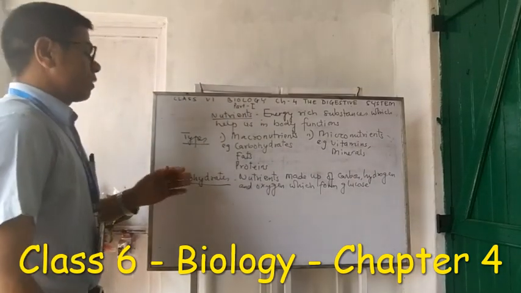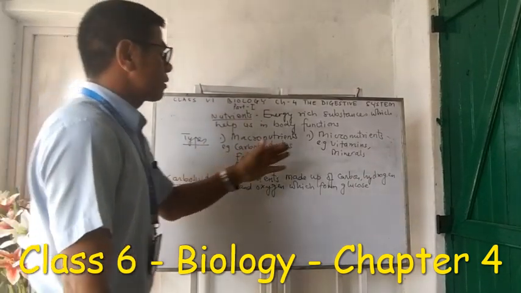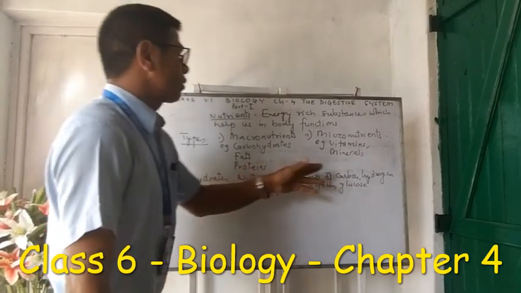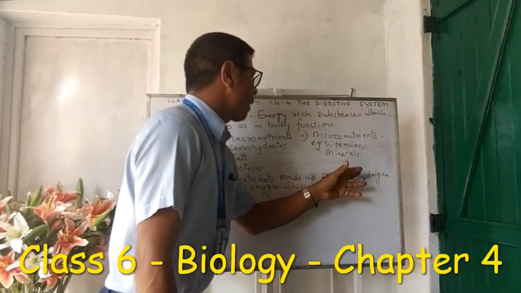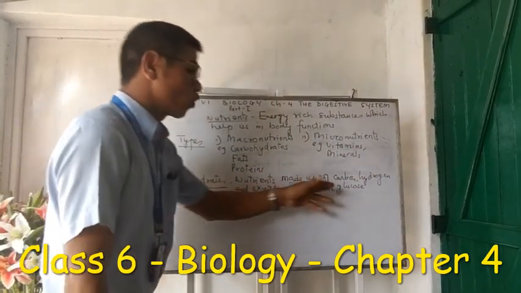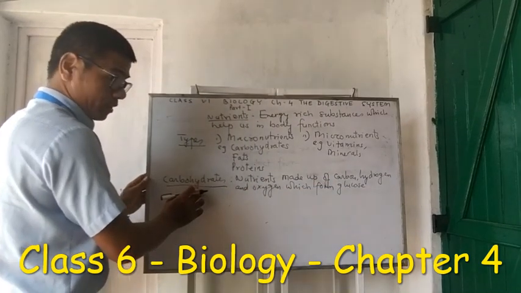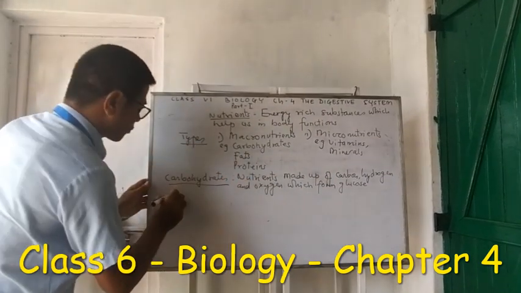Those foods which have carbon, hydrogen and oxygen which form glucose are called carbohydrates. Carbohydrates are of two types.